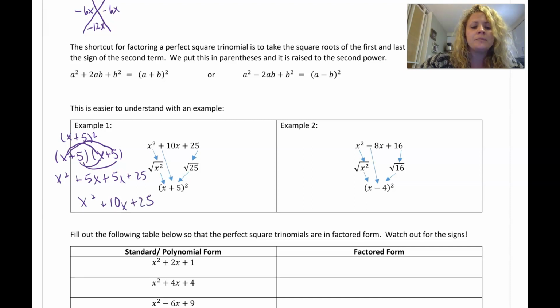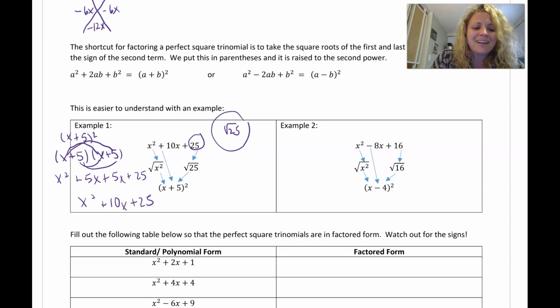So remember that that last number, that third term, is always a perfect square. And if we take its square root, like the square root of 25, for example, that gives me the number that's going to be in my binomial. So this x plus 5, I can find out that that number's got to be a 5 by taking the square root of this 25.